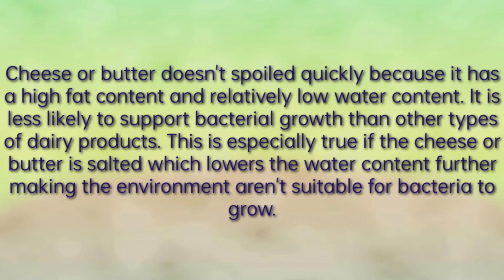Why? Cheese or butter doesn't spoil quickly because it has a high fat content and relatively low water content. It is less likely to support bacterial growth than other types of dairy products. This is especially true if the cheese or butter is salted, which lowers the water content, further making the environment unsuitable for bacteria to grow.